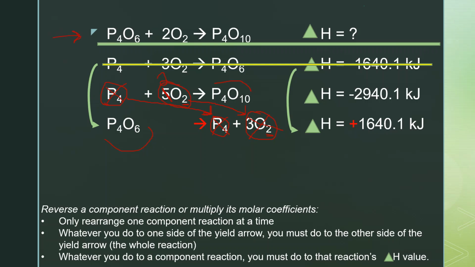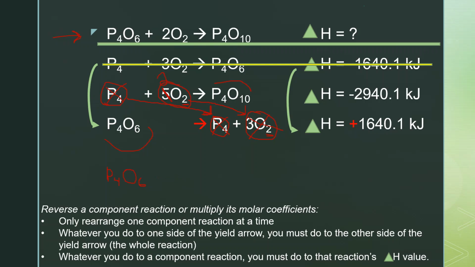So let's rewrite the P4O6. That's from the second component reaction. And then, oh no, I'm sorry, not the yield arrow yet.